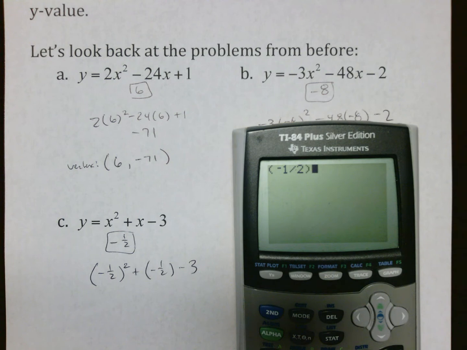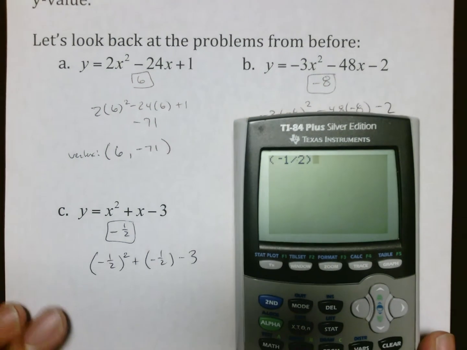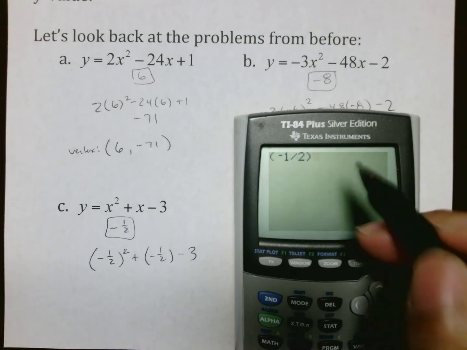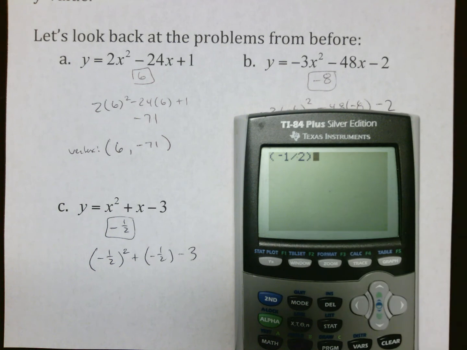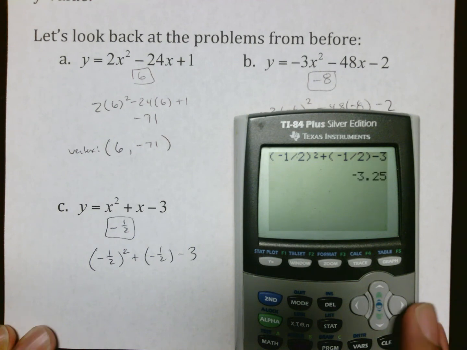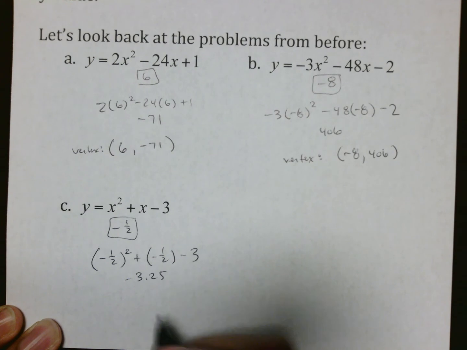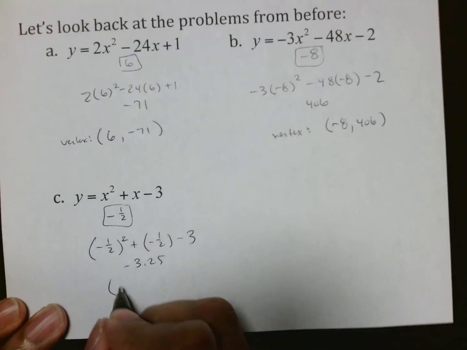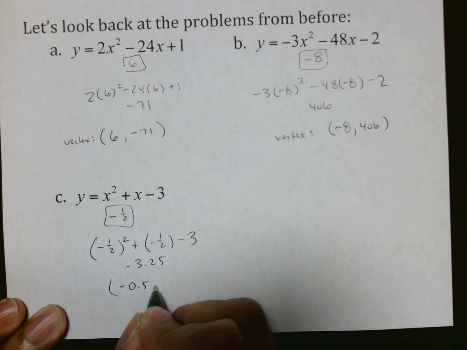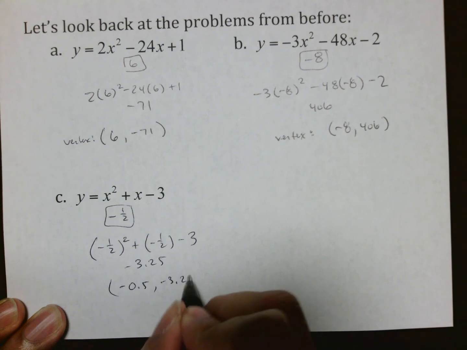There is no ABC button on this calculator, which is why your fractions must go in as just 1 divided by 2. Squared plus parentheses negative 1/2. Again, practice this because you're going to need it at some point. Equals negative 3.25, which we know to be negative 3 1/4. But if you want to put this in officially, I would put negative 0.5 comma negative 3.25.